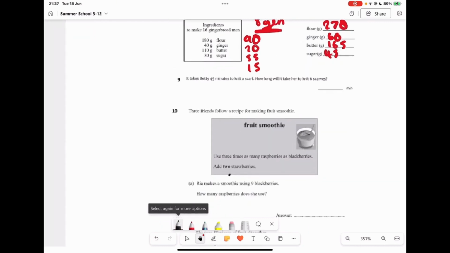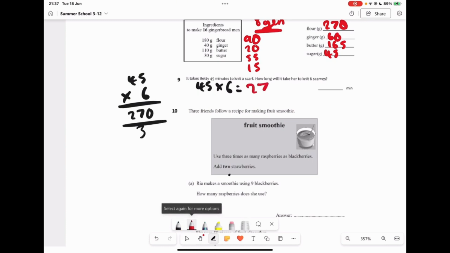So 45 times 6, we can do this on the column method. 5 times 6 is 30, and then 4 times 6 is 24, plus 3 is 27. So the answer is 270.